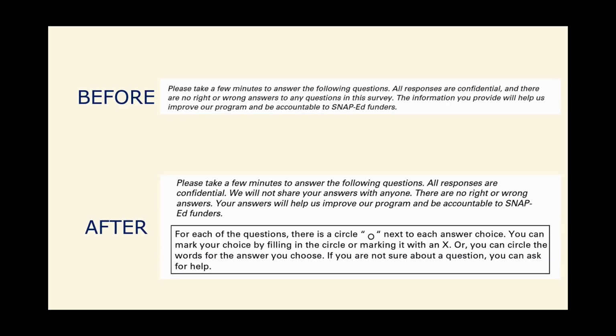So here, there was a brief section saying, please take a few minutes to answer the following questions. All responses are confidential, and there are no right or wrong answers to any questions in this survey. The information you provide will help us improve our program and be accountable to SNAP-Ed funders.